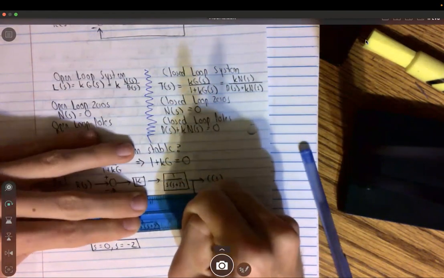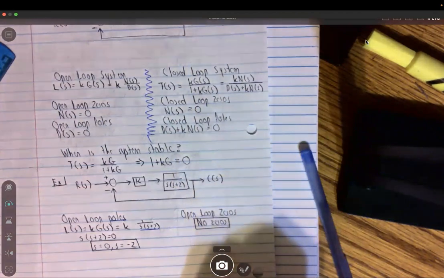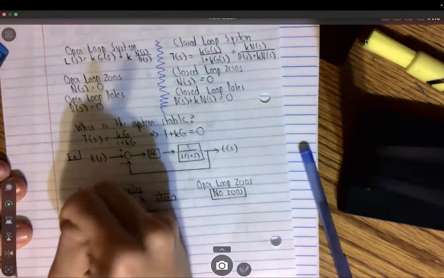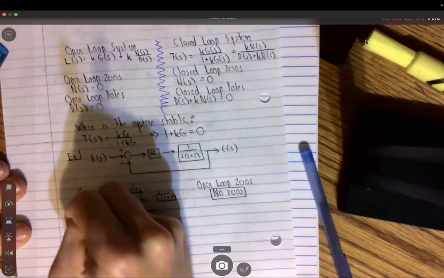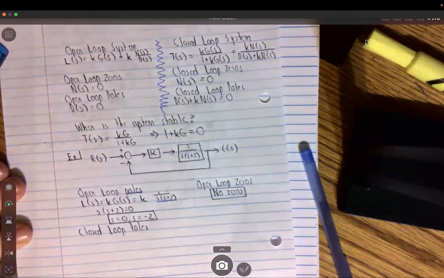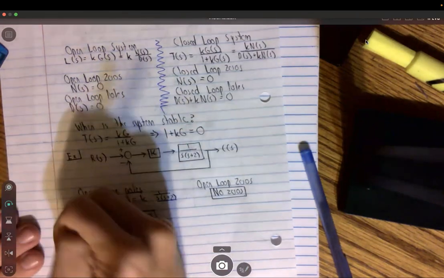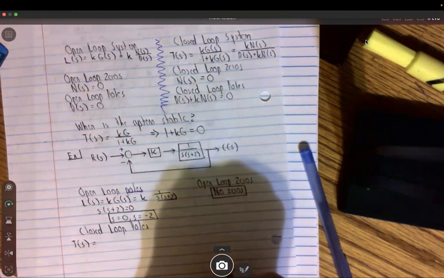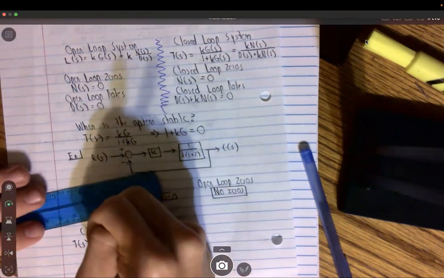Okay. Now that we talked about the open loop poles and the open loop zeros, we need to look at the closed loop poles. For closed loop poles, we look at what our transfer function is given by when we actually close the loop.